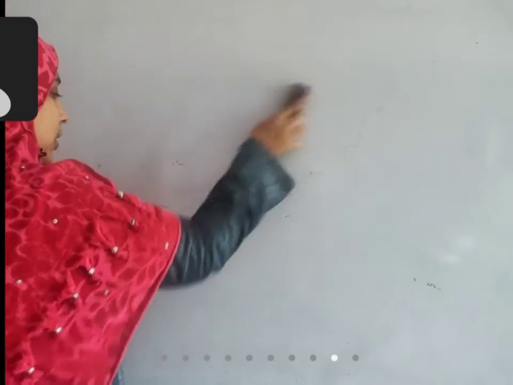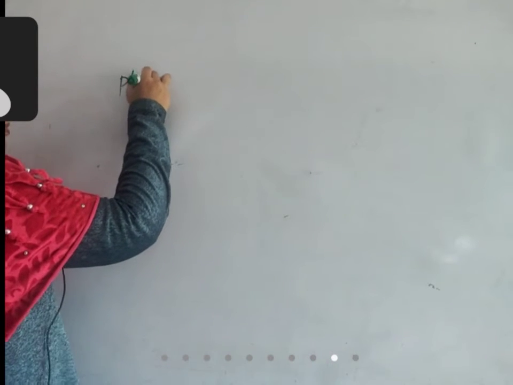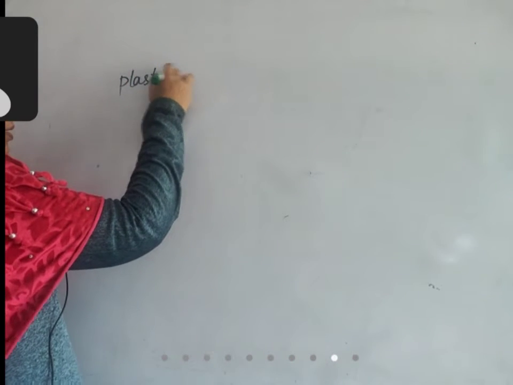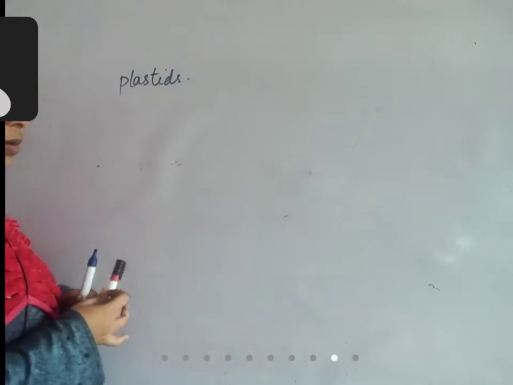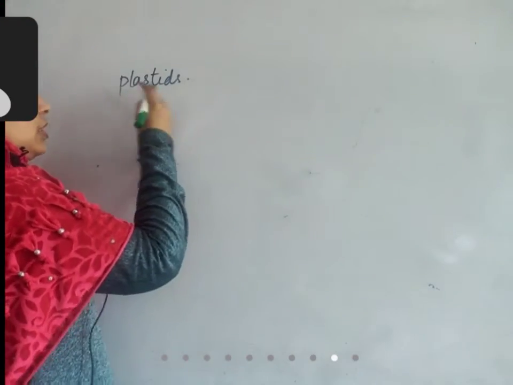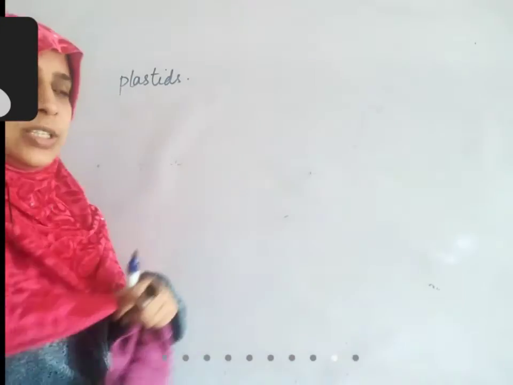Next one, organelles are plastids. Plastids are the color-imparting substances present in plants.